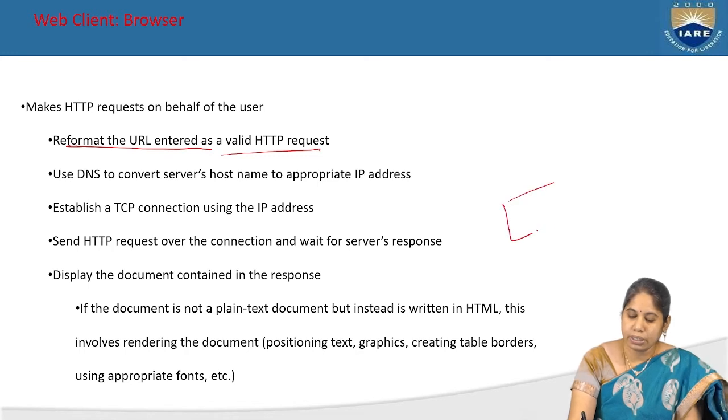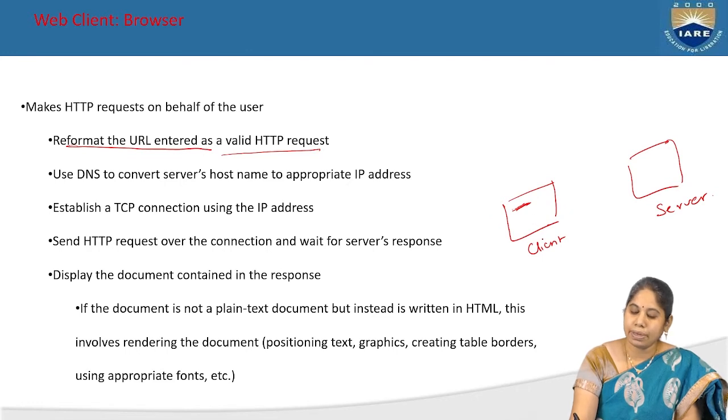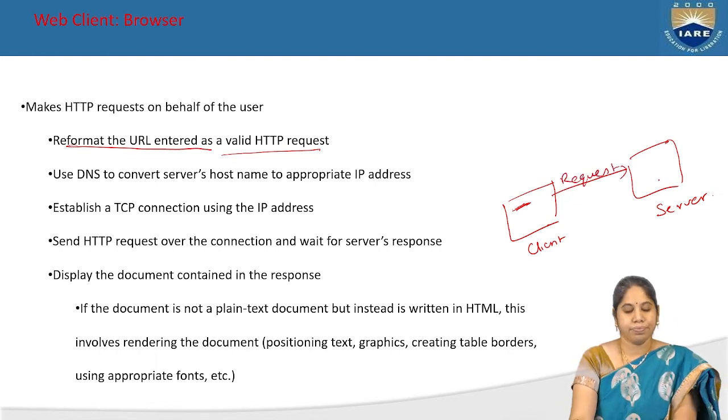Suppose this is the user, and this is the server. When the user types some website here, the browser makes this HTTP request on behalf of the user, on behalf of the client, and sends the request to the server.